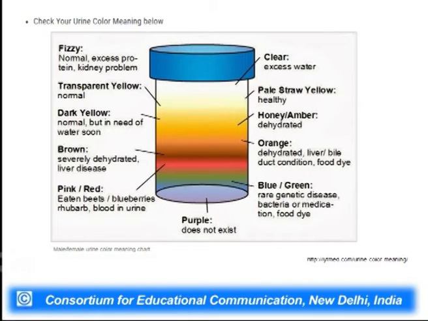Blue-green urine shows that there is some rare genetic disorder, or bacteria, or some medication or food dye which has contaminated the urine. Orange urine shows the person is dehydrated or has a liver or bile duct abnormality, or there is some food dye. So all these colors represent what kind of state the person is in.